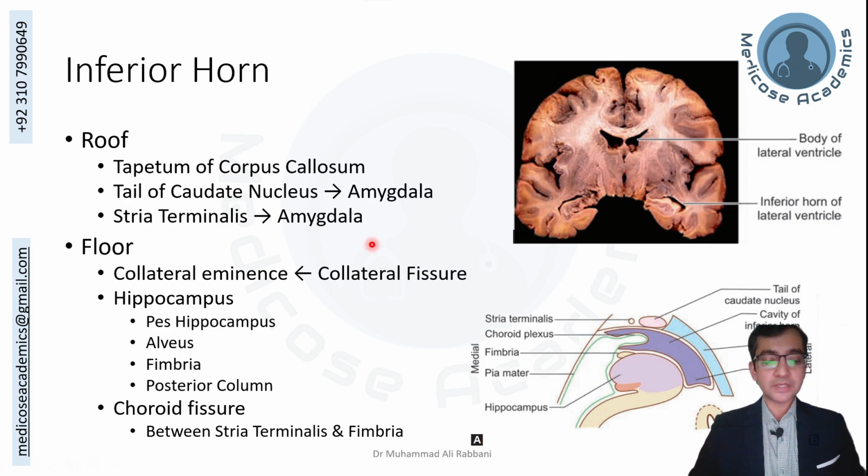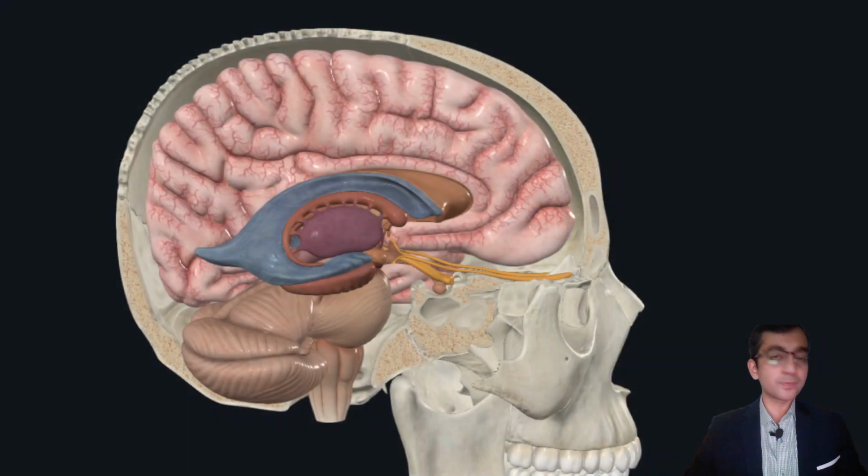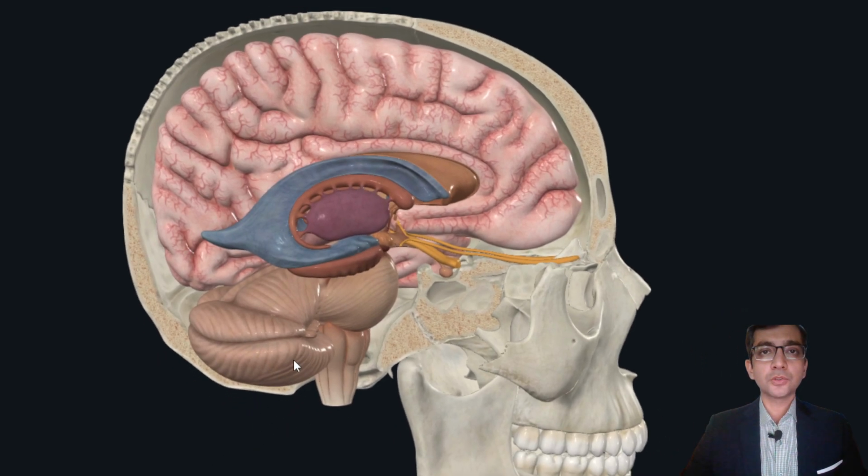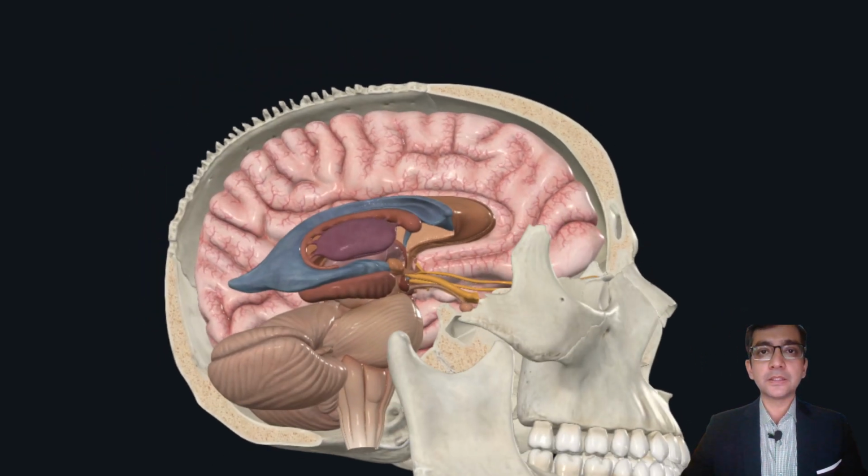The pes hippocampus is nothing but the anterior expanded part of the hippocampus. So this whole expanded part, this is the pes hippocampus, the one that you can see with the edges. So let me zoom in.